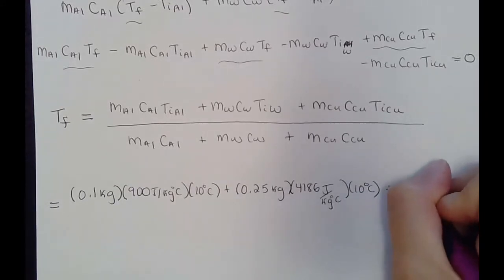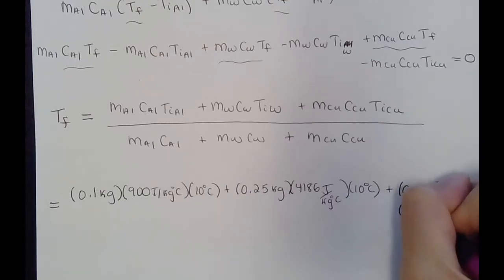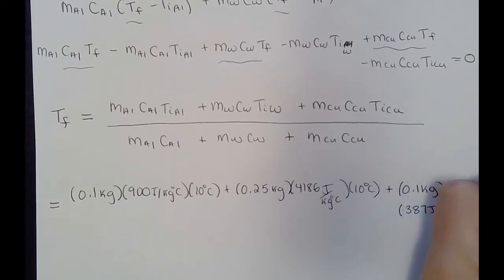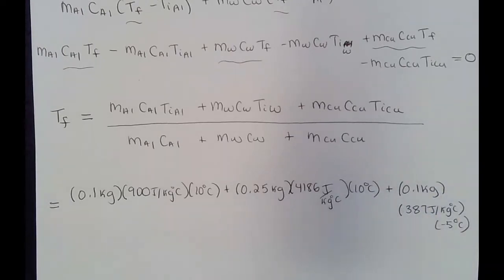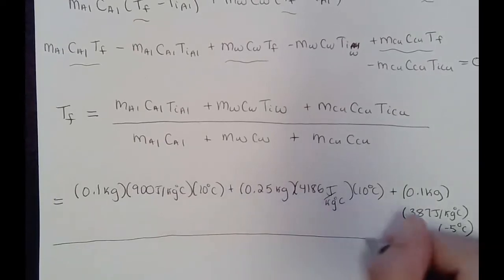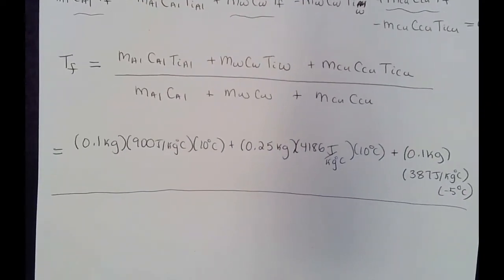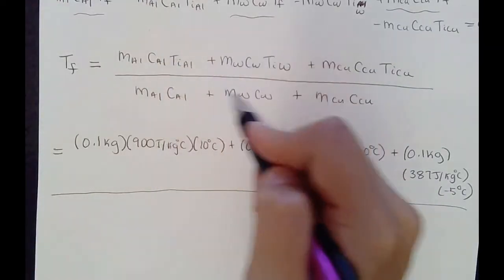Mass of copper, 0.1 kilograms. Oh, it doesn't quite fit. That's okay. 387 joules per kilogram degrees Celsius times -5 degrees is that last term. And then, multiplying and adding all of those terms, we're dividing by this row right here.